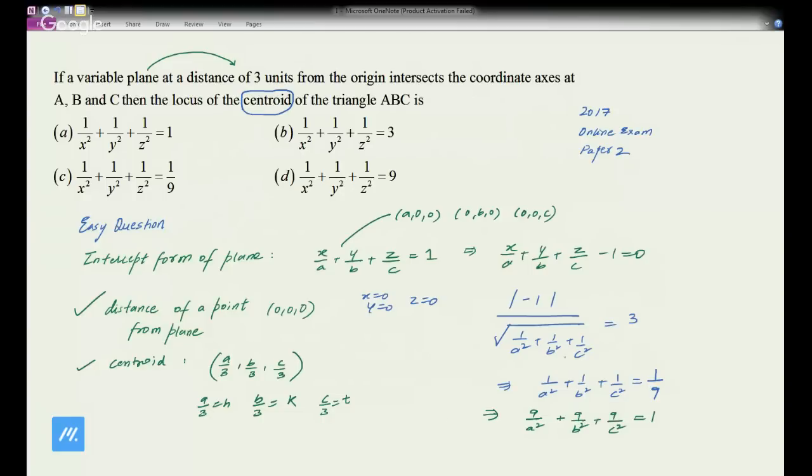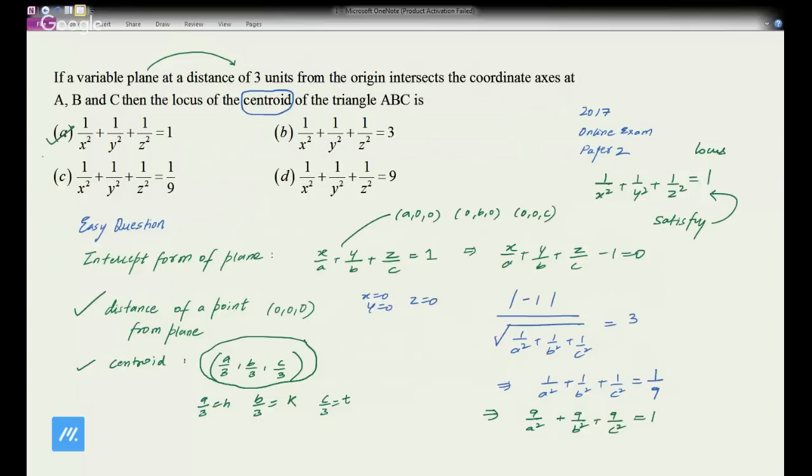If I replace this equation here by something like 1 by x square plus 1 by y square plus 1 by z square equal to 9 [sic: 1 by 9 relation], can you say that this particular point, a by 3, b by 3, c by 3, will now satisfy this? That means if this satisfies, this becomes the locus. Hence, A is the answer. Straight away, A is the answer.